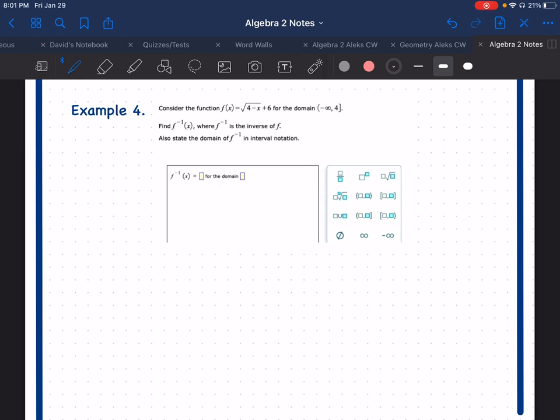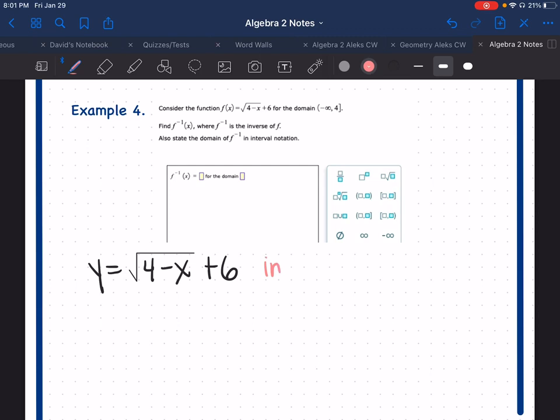If you go back to your notes from last week, from 5.1, the first step to find the inverse is to take this function and write it as y equals the square root of 4 minus x plus 6.